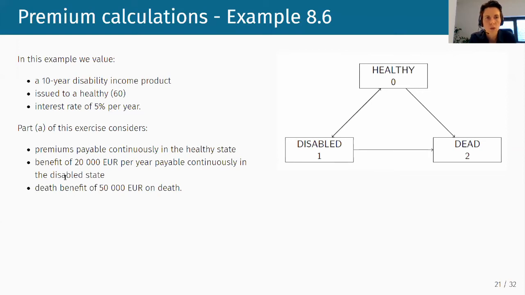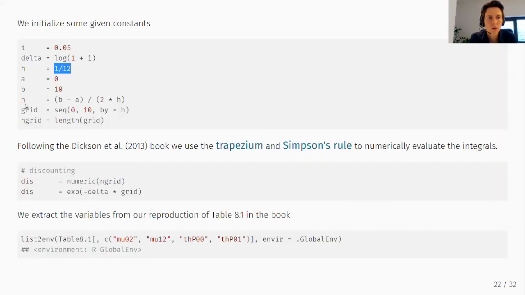So I specify my lower and upper band. I calculate the number of grid points in the Simpson rule that is corresponding to this step size h that I defined. And I specify a grid from 0 to 10 in steps of size 1/12.